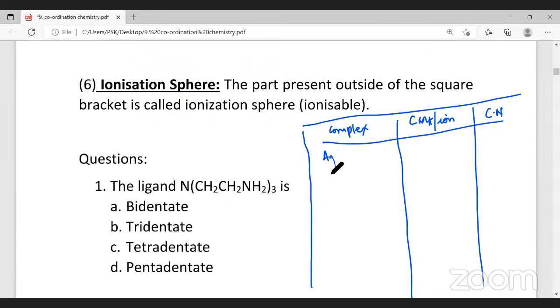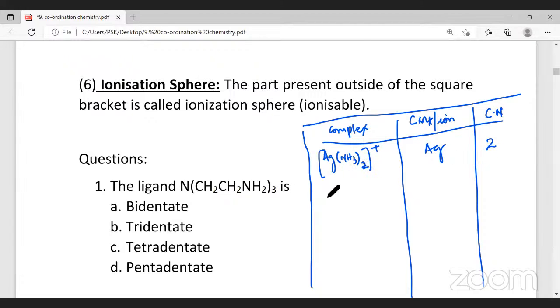Take the complex [Ag(NH3)2]+. What is the central metal here? The metal is silver, surrounded by ammonia, a monodentate ligand. How many ammonia molecules surround the metal Ag? 2. Therefore, the coordination number of Ag is 2.